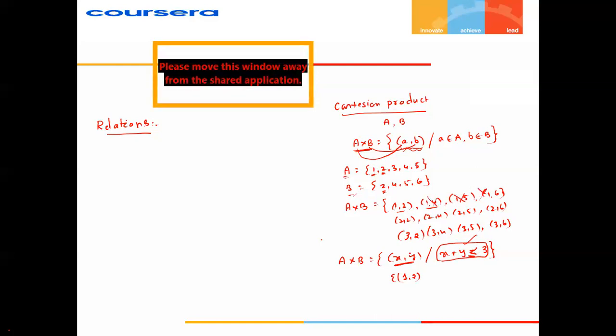Like this, we have a collection of ordered pairs where a relation exists.